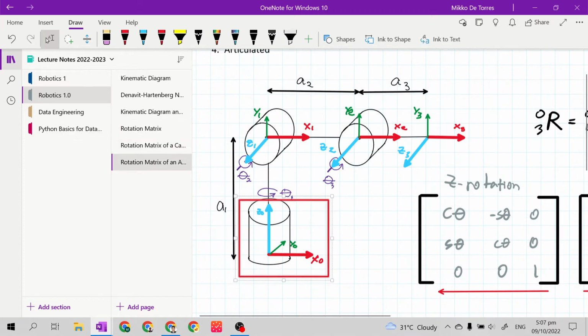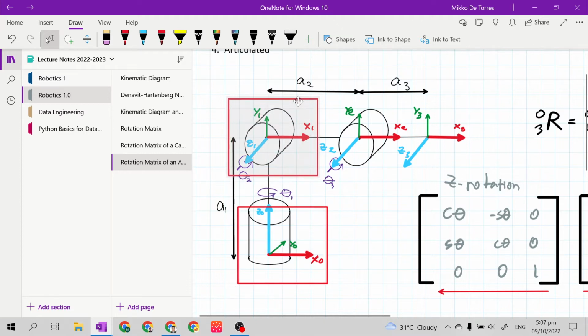Same as here, z0 is the axis at the reference frame. So in reality, it doesn't move when there is a change in the value of joint variable theta. What is really moving is the projected frame.